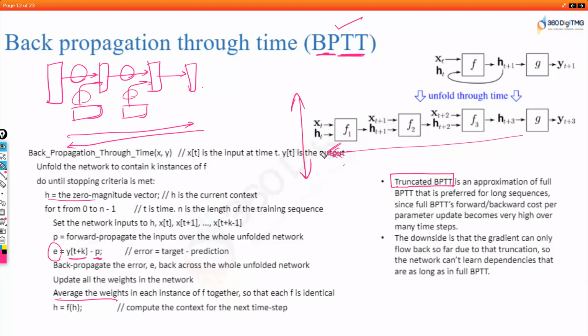Put that condition. The good part is when you do that, when you truncate it, you are not running into this problem of exploding or vanishing gradient problem, or you will not run into huge training time problem.